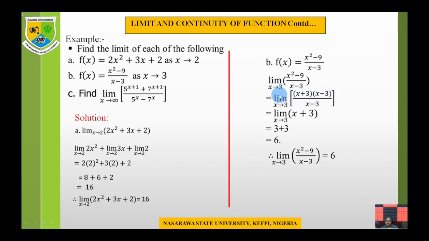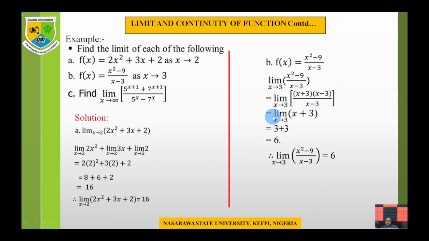So this limit will be equal to the limit of, if you factorize x squared minus 9 using the difference of two squares, you will have x plus 3 times x minus 3 divided by x minus 3. So therefore x minus 3 will cancel with x minus 3 and you are left with x plus 3.